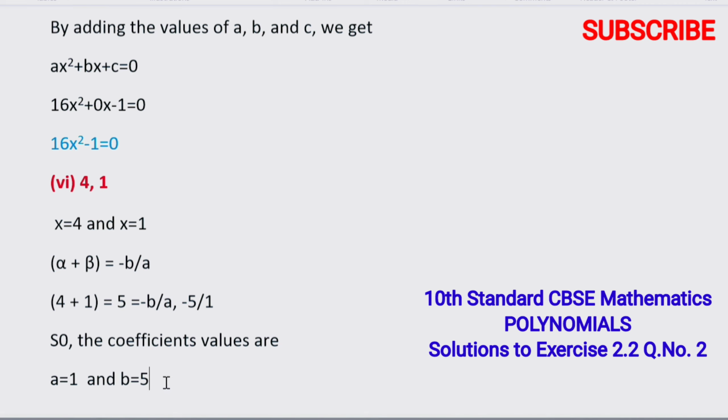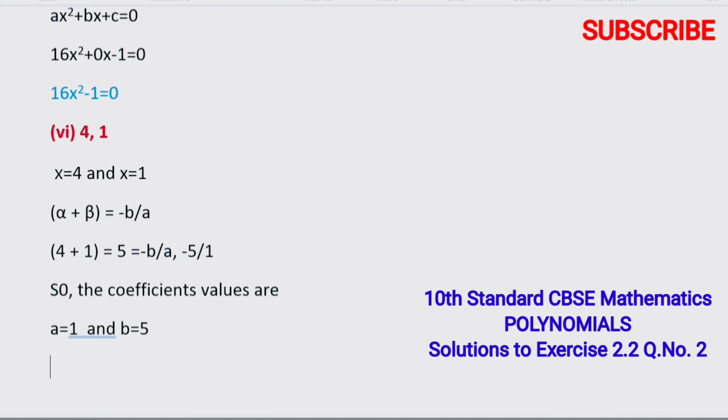Now to get the value of c, we have to go for the product of the given zeros, alpha into beta, which equals c by a.